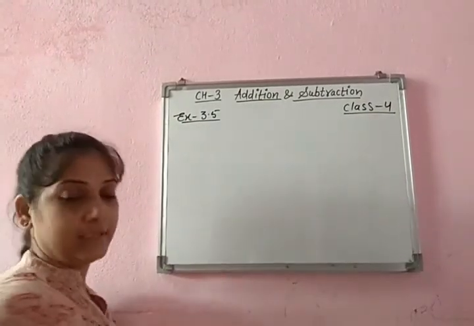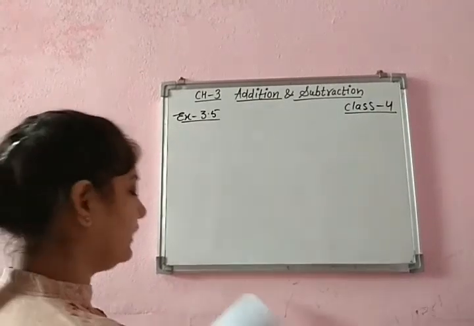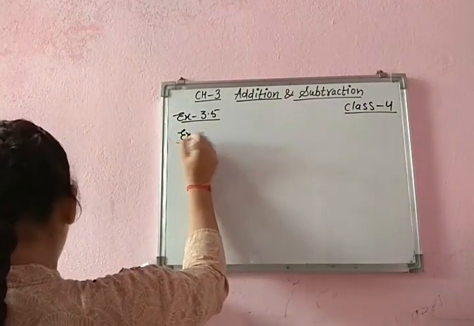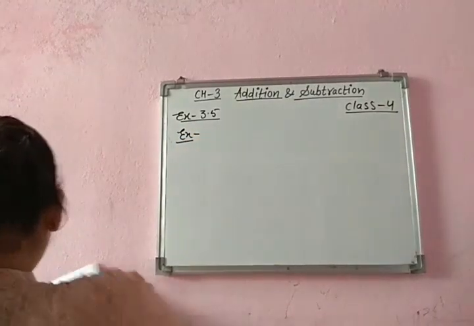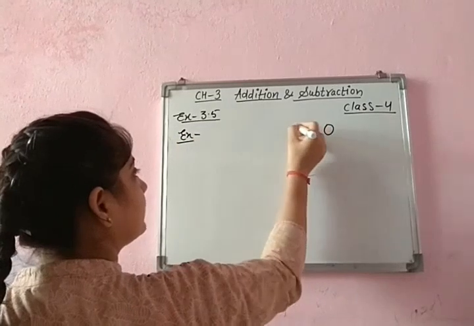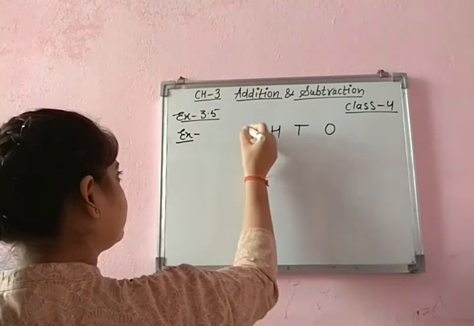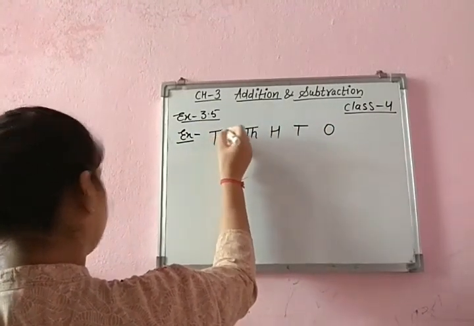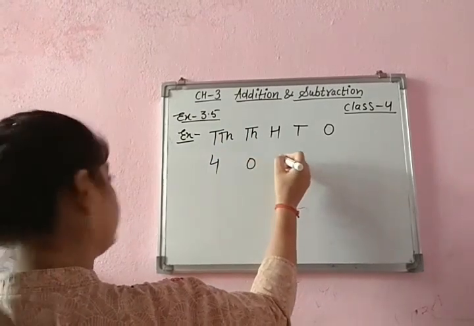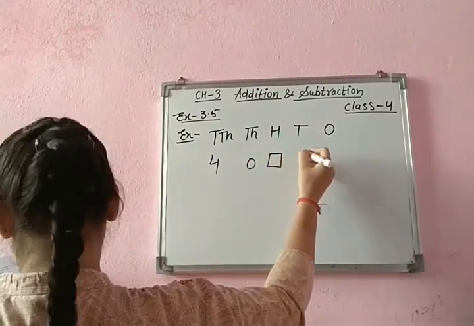So now I'm explaining one example to you, because the second part you need to solve yourself. So the question is, again I am writing the places. Hundred places blank.